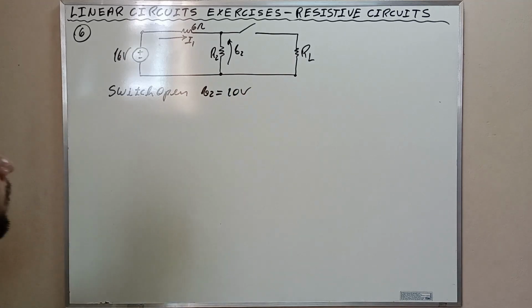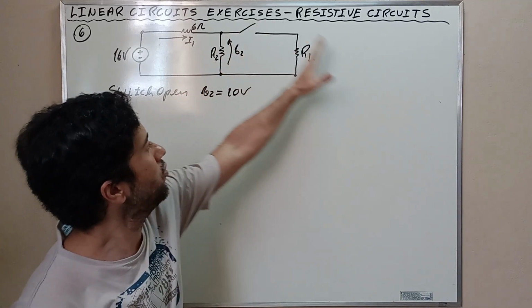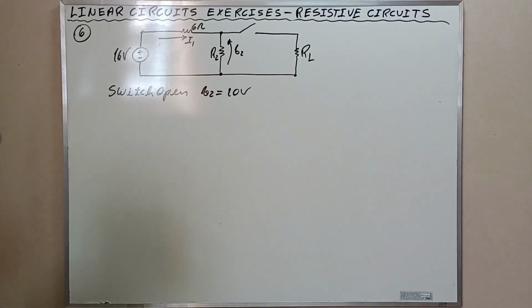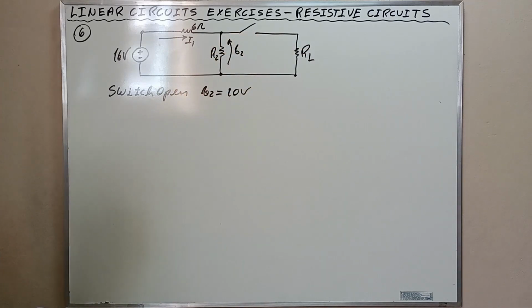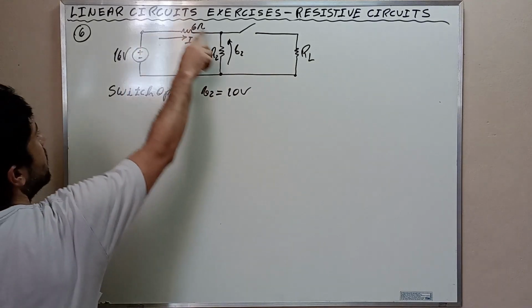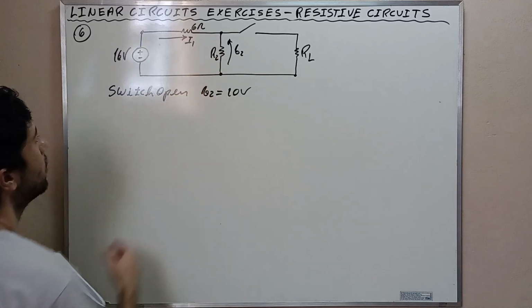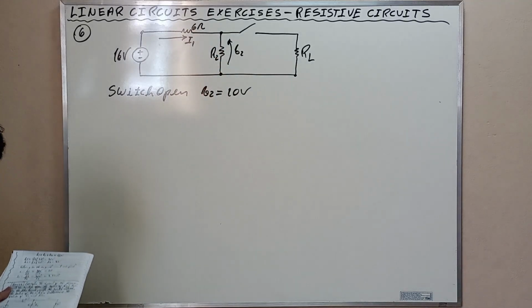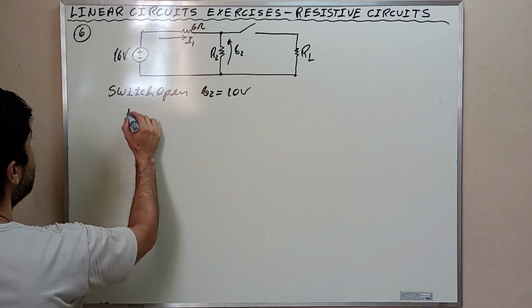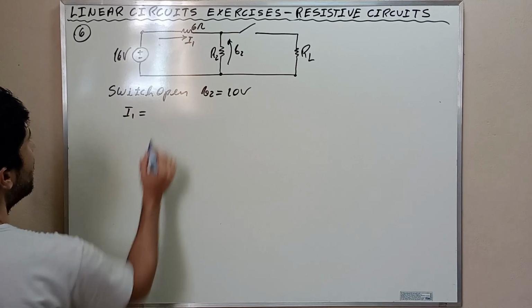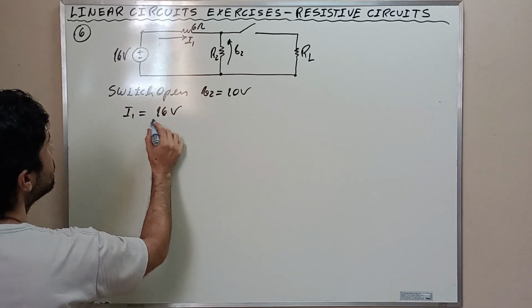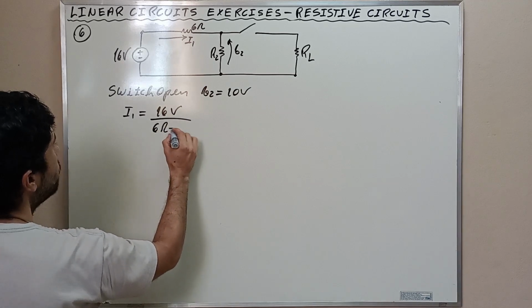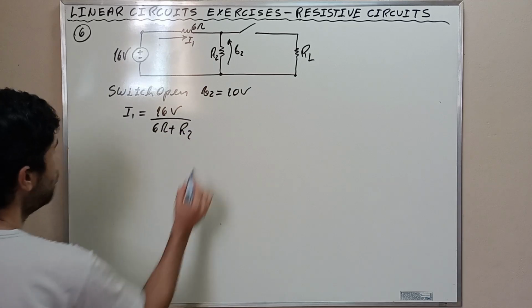Okay, my friends, the switch open, this part of the circuit doesn't participate because there is no current flowing in that direction. Alright, then the current I1 is going to flow here. Alright, and we can find the value of I1 by simply doing this. I1 is going to be equal to 16 volts divided by 6 ohms plus R2.